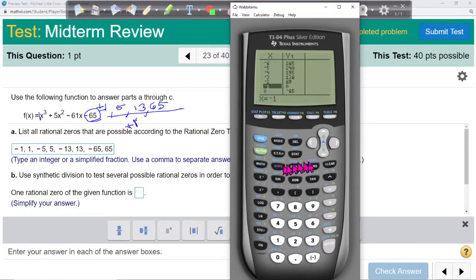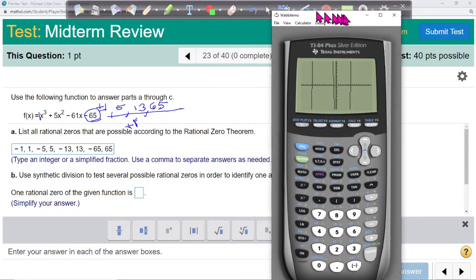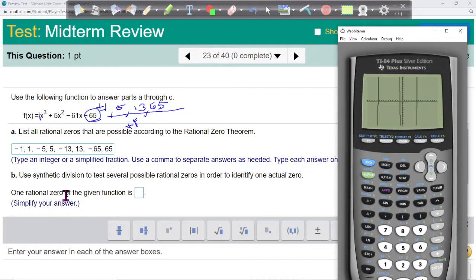So we can put that. And nothing over here. Okay. So yes, I could find those other ones, and we will. Use synthetic division for possible rational zeros and they're different. One rational zero of the given function is negative 1.